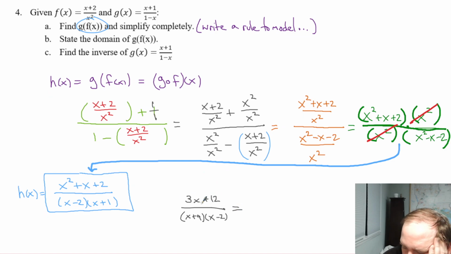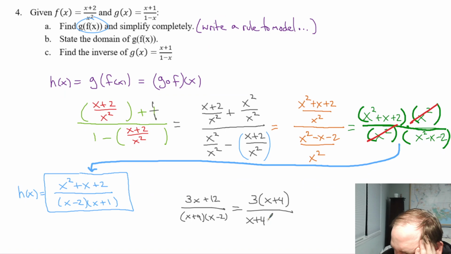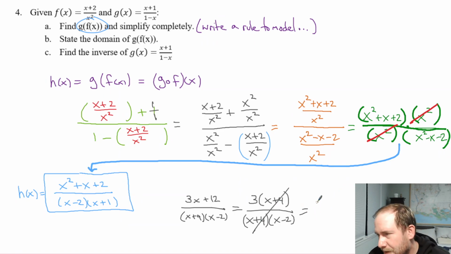Well, if you factor out the 3 from the numerator, which a lot of people forgot to do, then you find that the x plus 4 in the denominator cancels with the x plus 4 in the numerator. And so you end up with the simpler expression 3 over x minus 2.